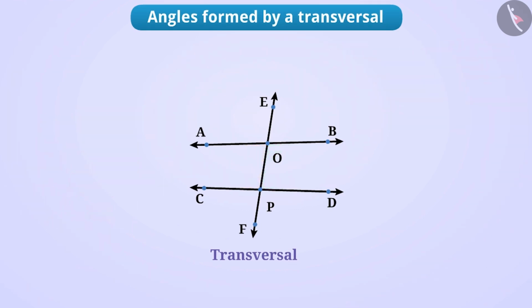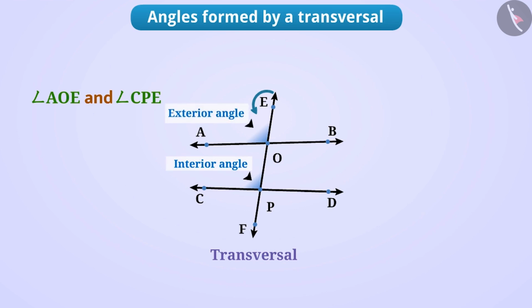Moving forward, can you tell any relation between angle AOE and angle CPE? Think for a while. Let me tell you, here both have different vertex and are on the same side of the transversal. But one of the angles, angle CPE, is an interior angle, whereas the other angle, angle AOE, is an exterior angle. These two angles form a pair which is called a pair of corresponding angles.